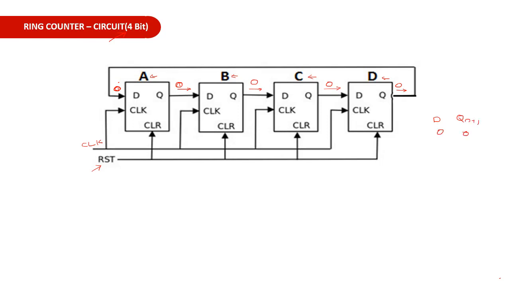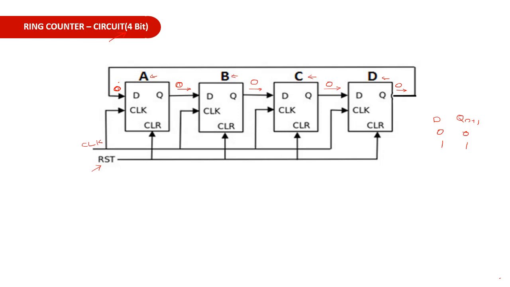If it is 1, the next state is 1. So since the input of each and every flip-flop is 0, when you give the clock pulse, the output will be again 0. That means there is no change in the state. So if you want to get the ring counter, first we will clear each and every flip-flop by using the clear pin.